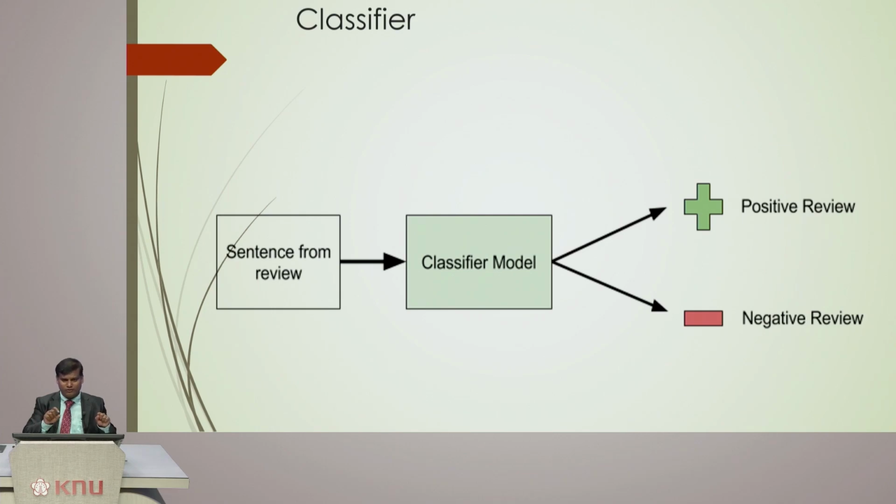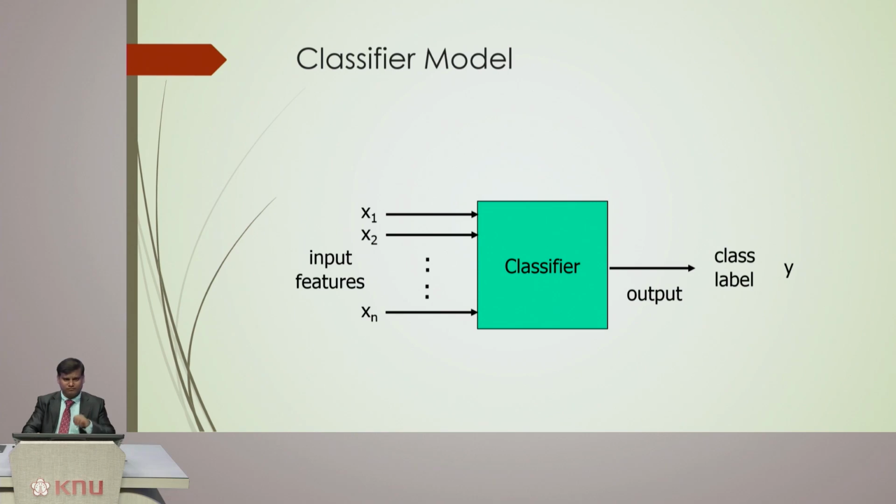The only thing that we don't have is the actual model. So again, for the classifier model, we have several inputs, like all the sentences are given as the input, all the features are taken in, and the output has to be labeled, like the label is positive or negative. That's the label that you are giving at the output.